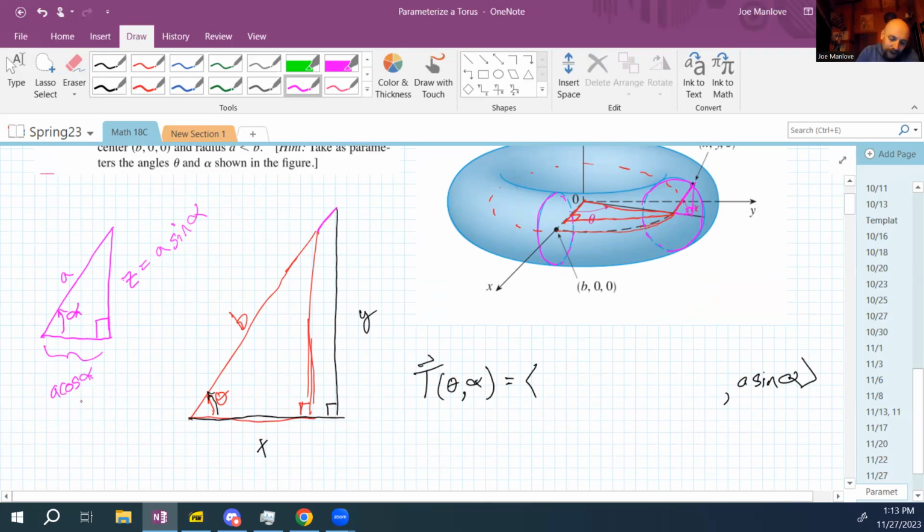And that bit is actually also this little bit up here. So I get an A cosine alpha up here. And that means that not for the red triangle, but the slightly bigger black one, right? The hypotenuse here is B plus A cosine alpha.